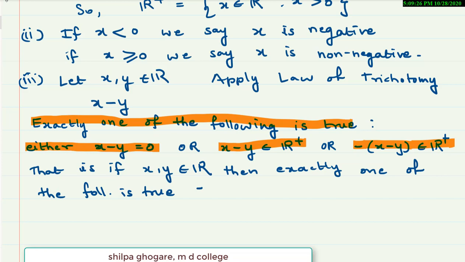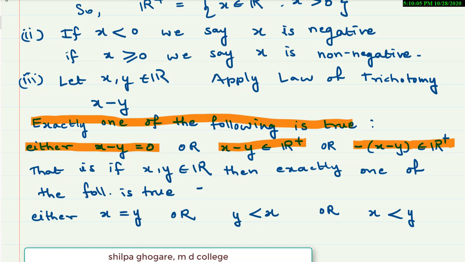It is either X minus Y is equal to 0, can be written as either X is equal to Y, or what you mean by X minus Y belongs to R plus, by the order relation it means Y is less than X, or what you mean by minus of X minus Y belongs to R plus, it means X is less than Y.